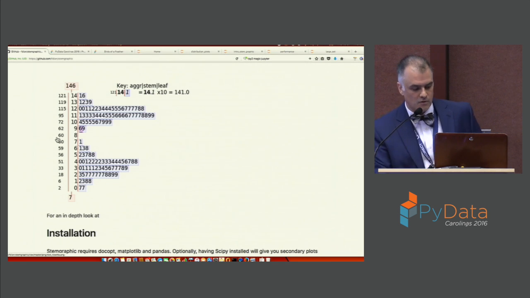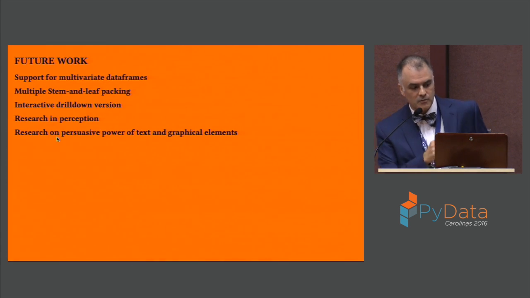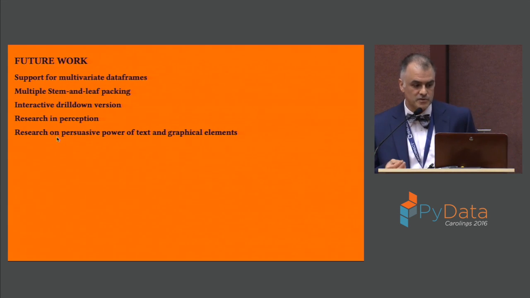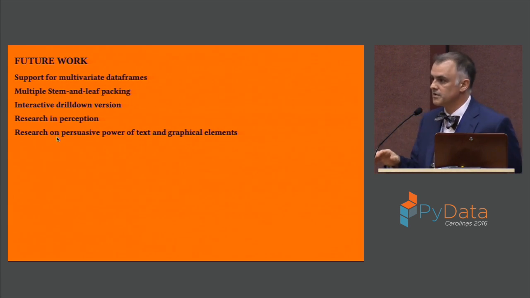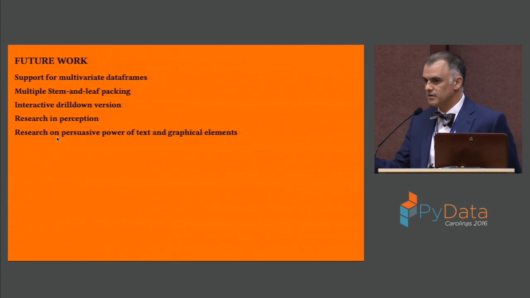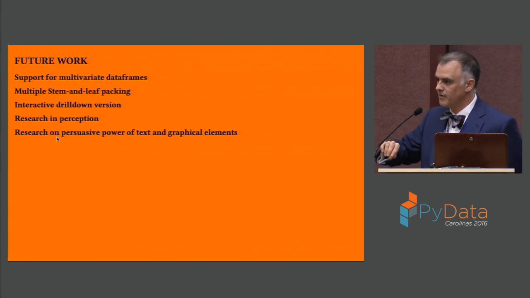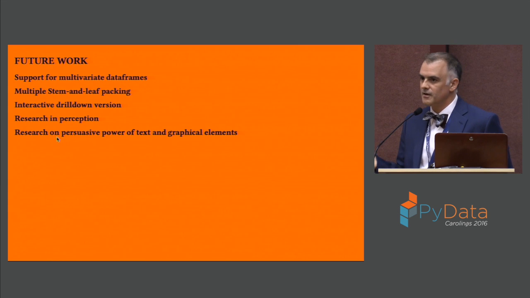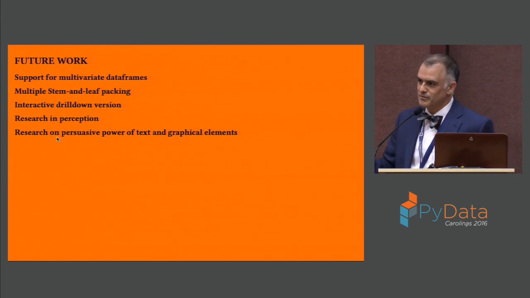And part of the future work that I pointed at is research in perception, which is one thing. Also research on the persuasive power of text and graphical elements. Because it's been shown that if you have a lot of visual aspects but not a lot of numbers, people wonder a little bit more about your data, if it's true or what.